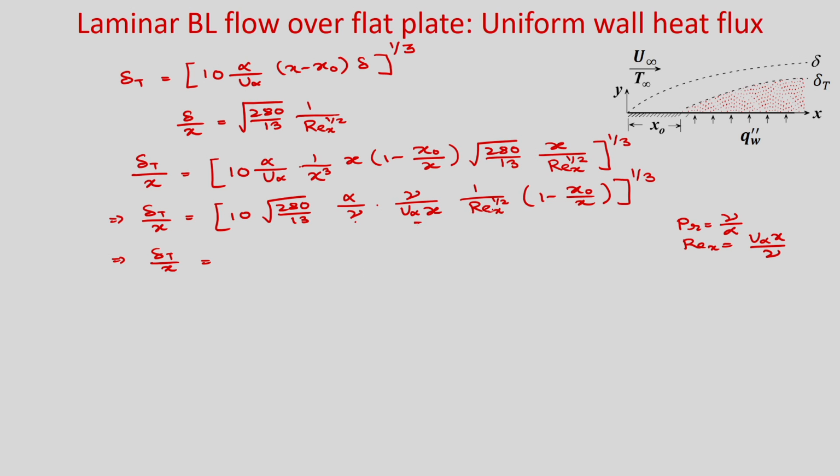So, it will be 1 plus half, meaning 3 by 2, and outside this bracket if you take, then it will become root Re_x. So, you can write it as 3.594 divided by Prandtl number to the power 1 by 3 Re_x to the power half, okay, and 1 minus x naught by x to the power 1 by 3.